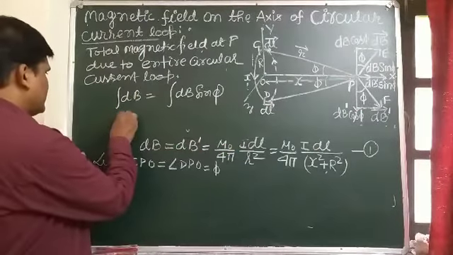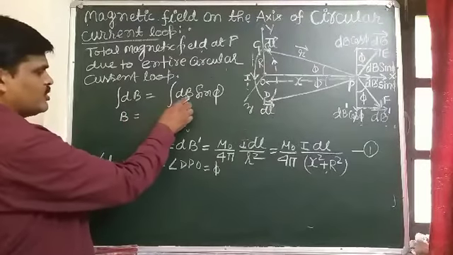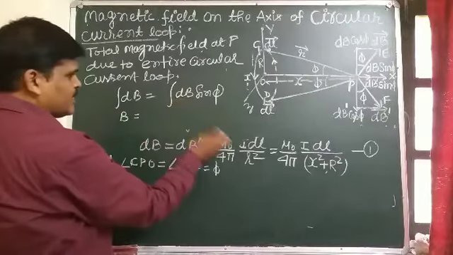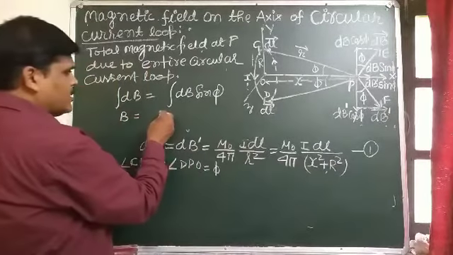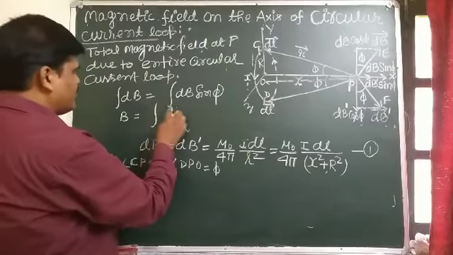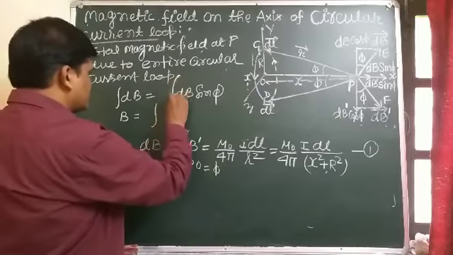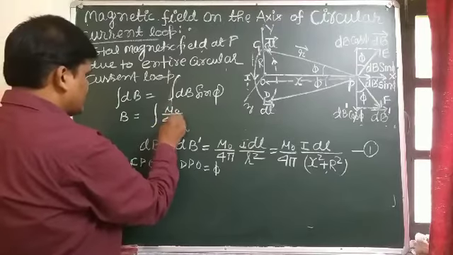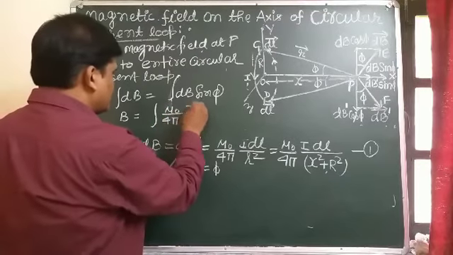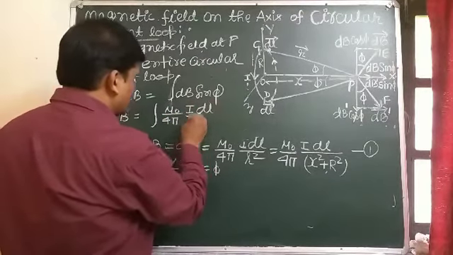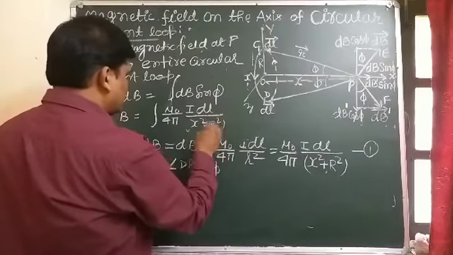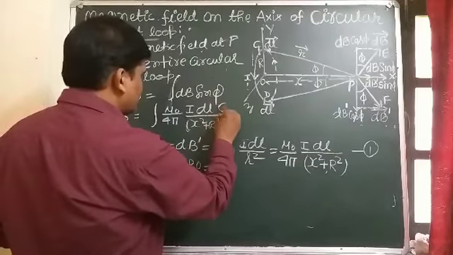So it can be written as B equals the integration of, putting the value of dB, mu naught by 4 pi I dl by x square plus r square, and sin phi.